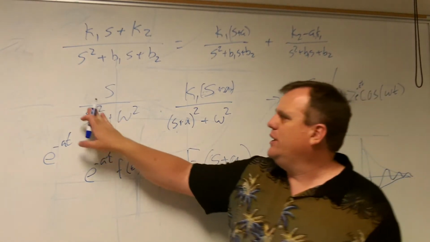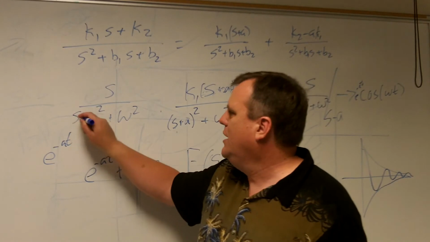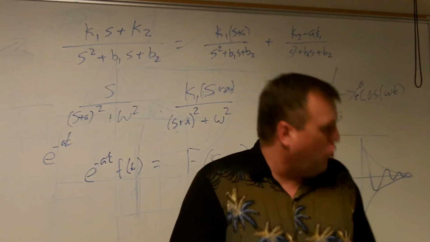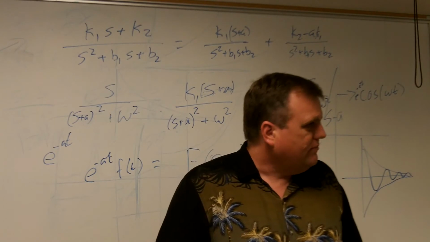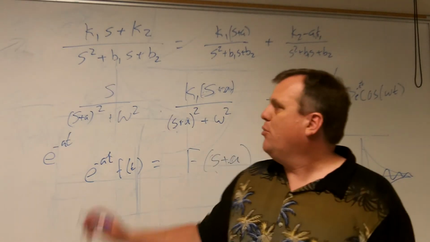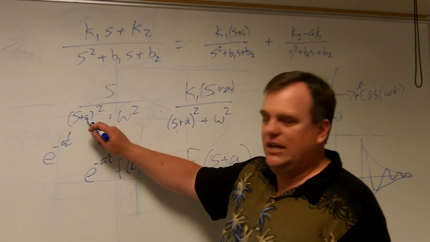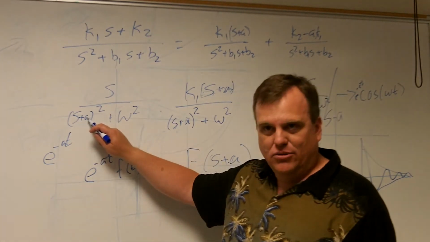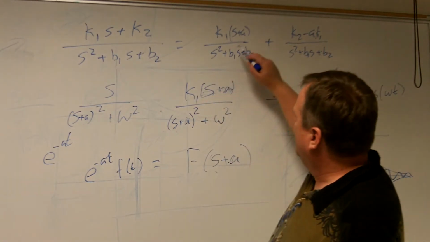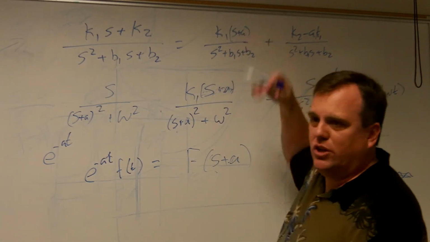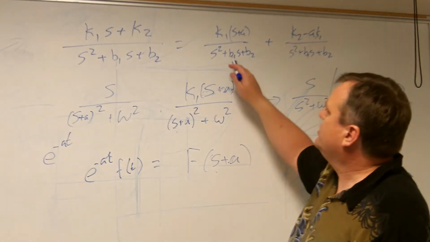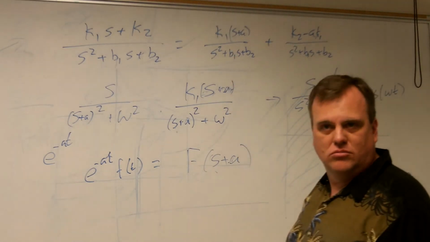The only way I could do it is if this S looked like some S plus A. S plus A squared would give me a cross term. Right? And I could appropriately pick that A so that 2A was equal to whatever the appropriate cross term piece is. Does that make sense? Okay. Which in our case is the B1. Good?